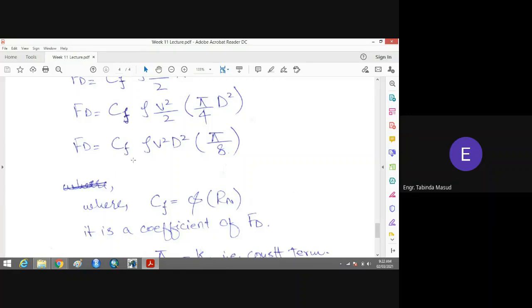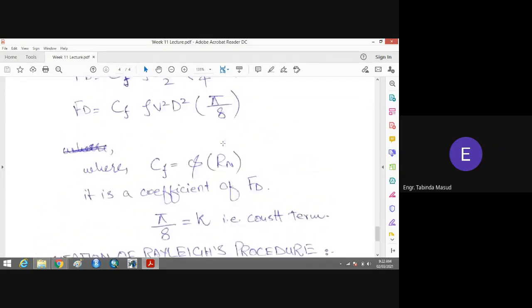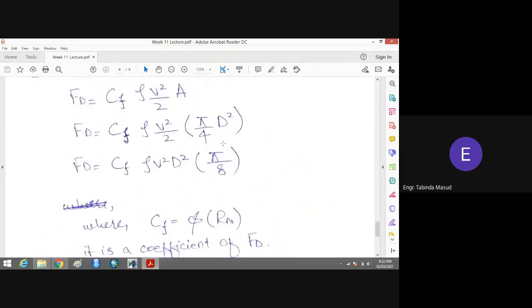Once you know the Reynolds number, you will be able to find the coefficient of drag force, then you put it here and you will find the drag force. So this actual formula shows you that this term is a function of the Reynolds number and this term is the constant term. And you will be able to get all these constant terms and functions of the Reynolds number on the basis of the experiments which you will perform.